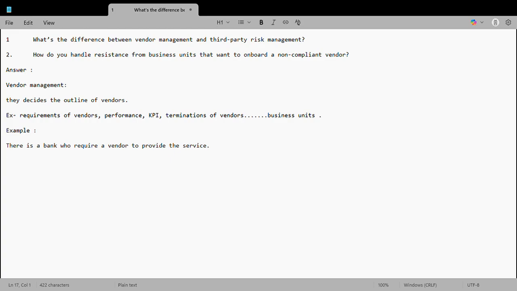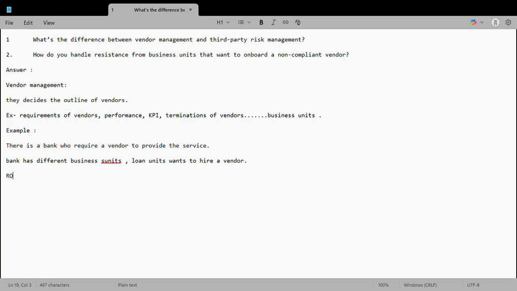And as you know, a bank has different business units. So the loan unit wants to hire a vendor. The team who is managing the loan business unit releases a tender.